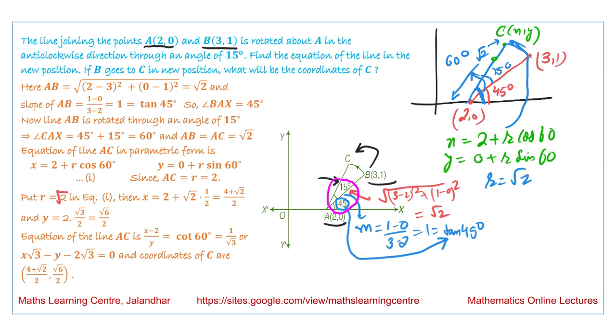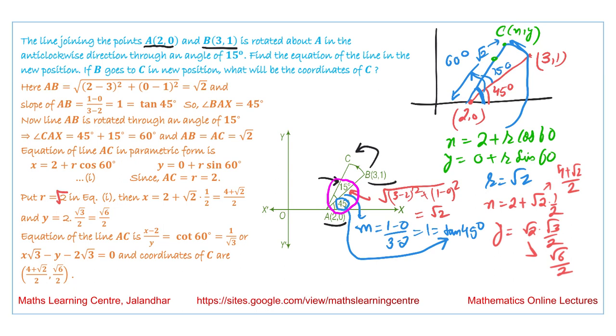So substituting this value, we obtain x is equal to 2 plus square root 2 into 1 by 2, and y is equal to square root 2 into root 3 by 2. So in this case the answer we get is (4 plus root 2) by 2, and in this case the answer we get is root 6 by 2.